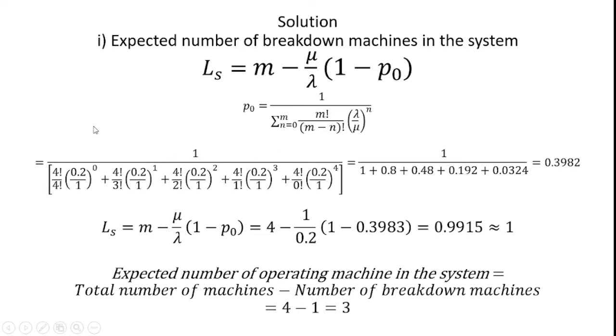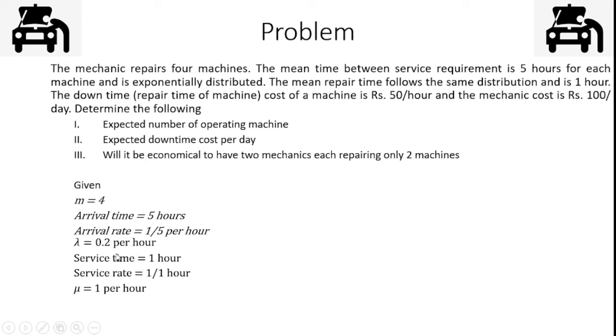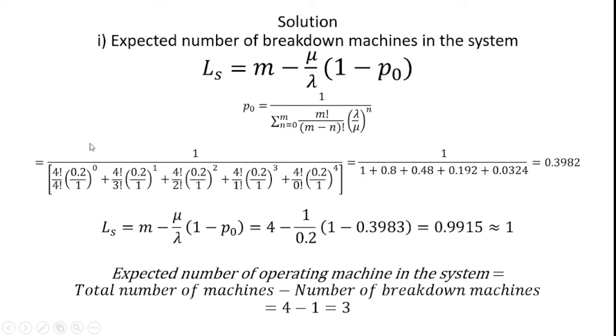According to the given problem, lambda is 0.2 per hour and mu is 1 per hour, so I substitute 0.2 by 1. After that I move to the next step, plus 4 factorial, because small m is always 4.